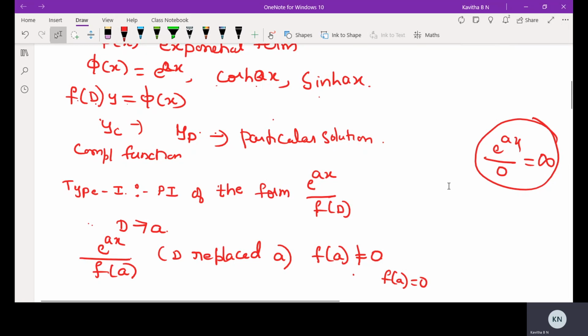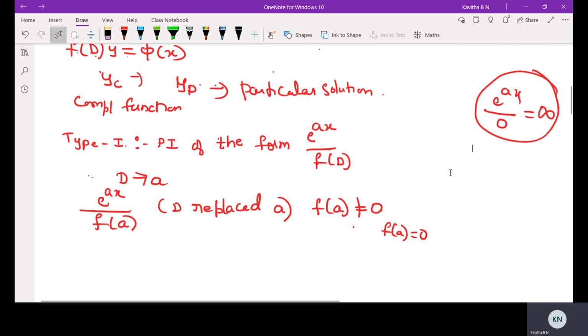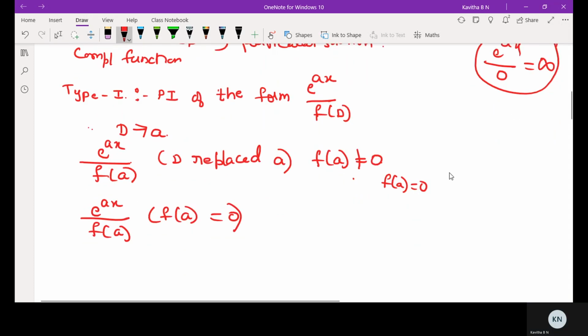So if f of a is equal to 0, multiply by x in the numerator, and in the denominator differentiate f of D, giving x into e to the power of ax by f dash of D.